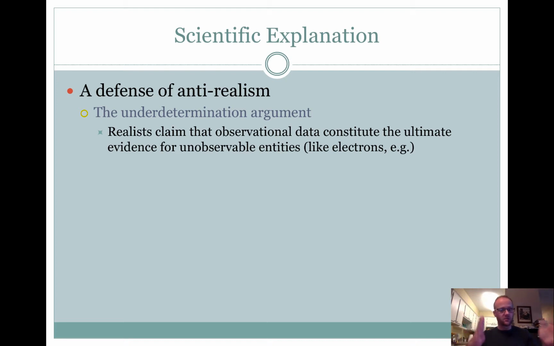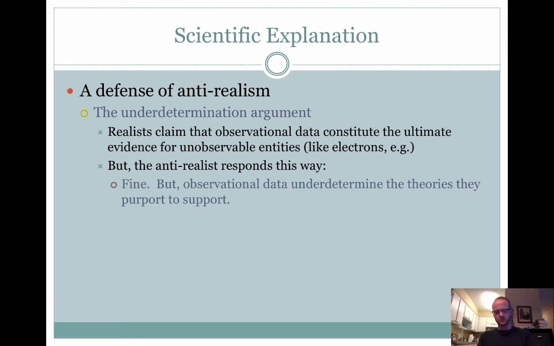That seems to be observable evidence for the movement of electrons. Okay, so even if we grant that electrons are unobservable, we have observable evidence that those things exist and are real.